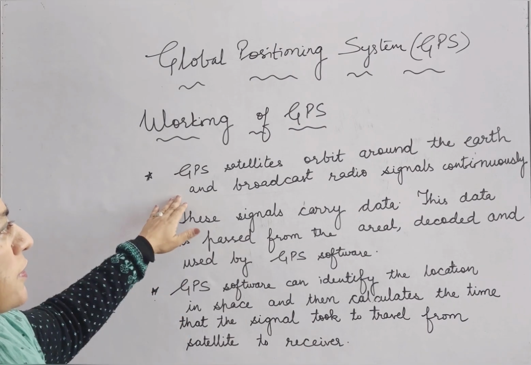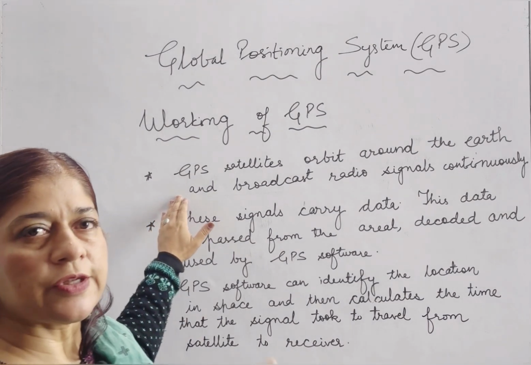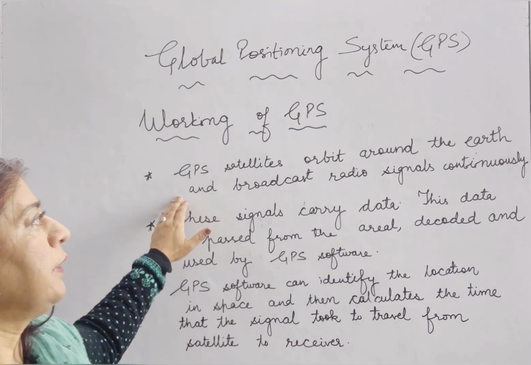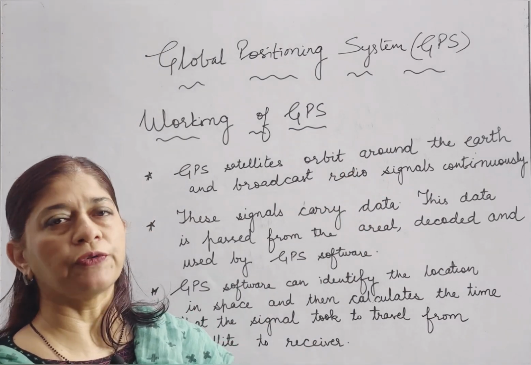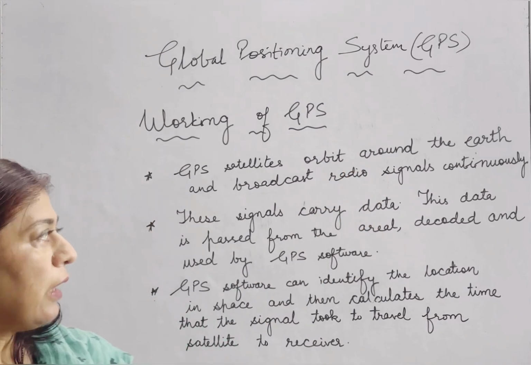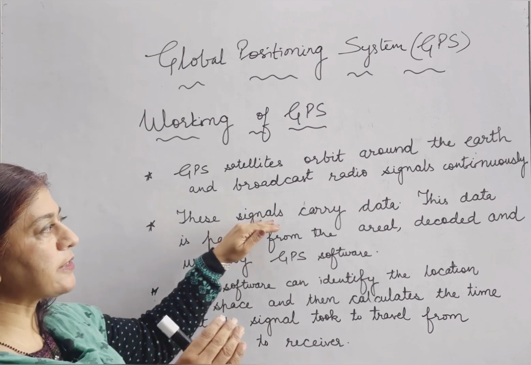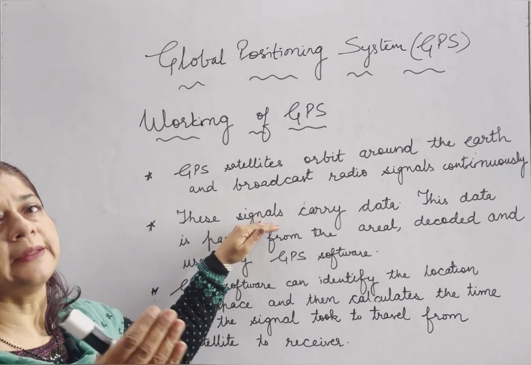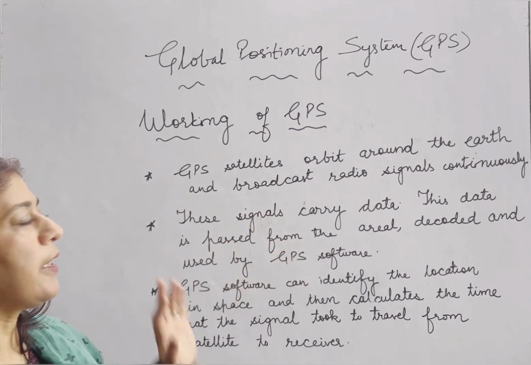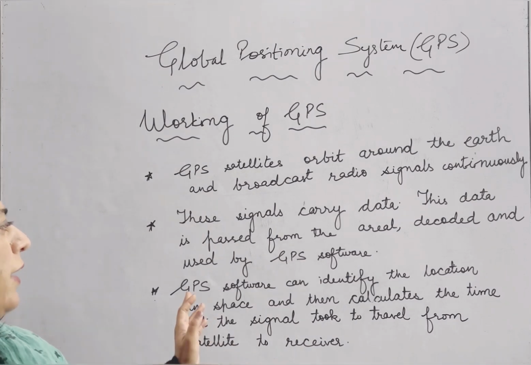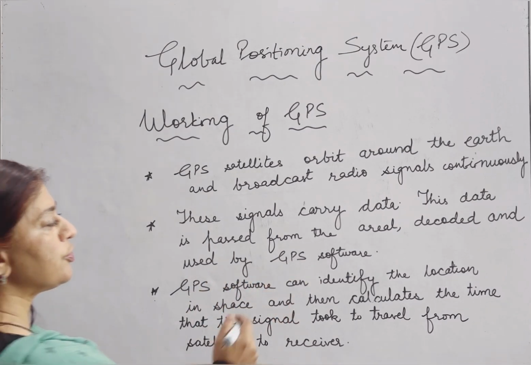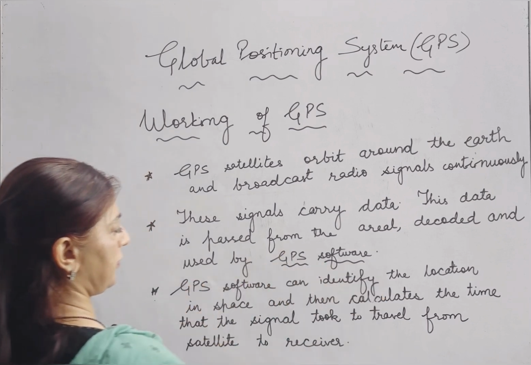The first step is the GPS satellite is revolving around the earth and it broadcasts the radio signals out of it continuously. Now, in the next step, these signals are carrying the data. This data is passed from the aerial, it is decoded, and it is used by the GPS software.